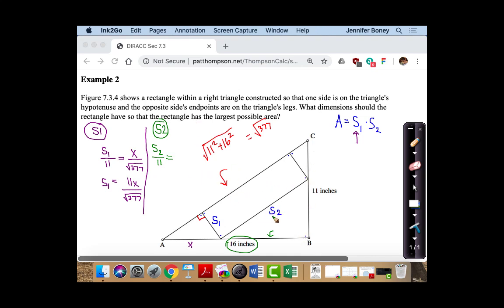Side 2 is related to this hypotenuse, square root of 377, in the same way that, well, this side here, from this vertical line that I've just drawn to there, 16 is the whole thing. If this part's x, then the remaining part here is going to be 16 minus x.